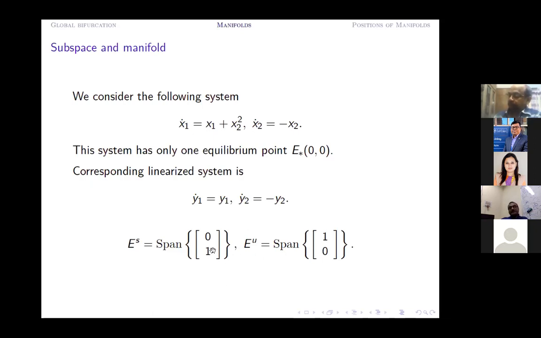Now, these are the straight line solutions of the given problem, so some specific type of solutions. What are the other solutions? Other solutions are actually rectangular hyperbolas. Why? Because you can solve the equation y1 dot and you will find c1 e to the power t. If you solve the equation y2 dot equal to minus y2, then you will find c2 e to the power minus t.